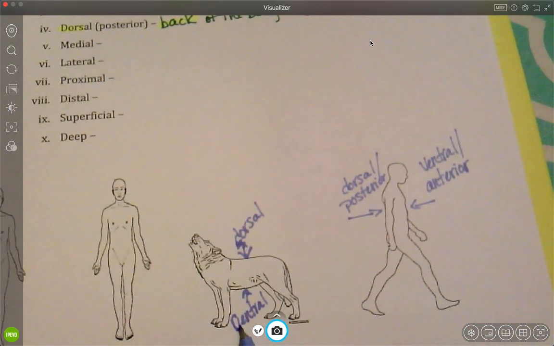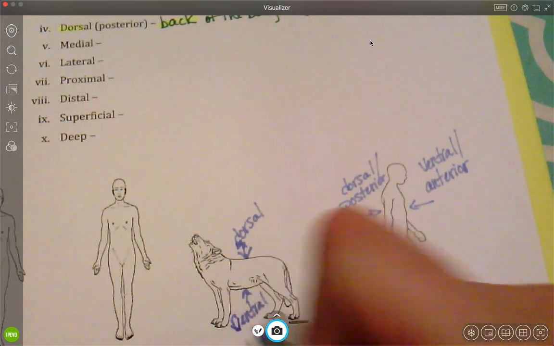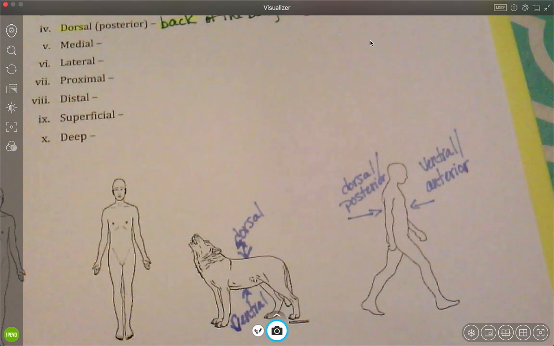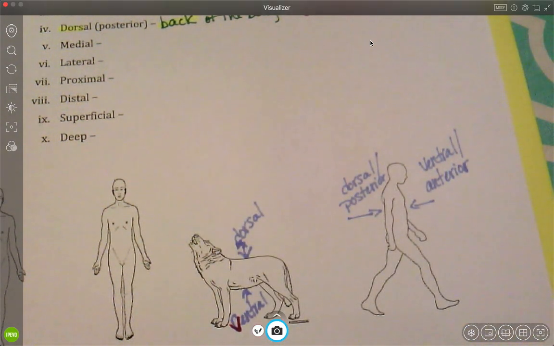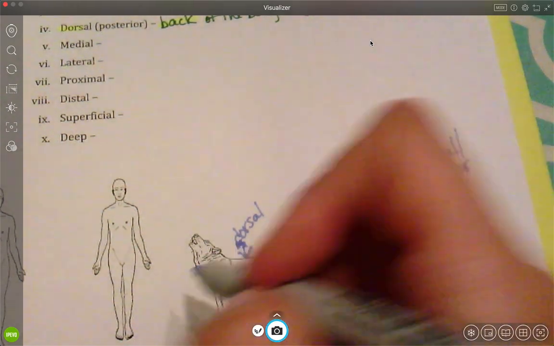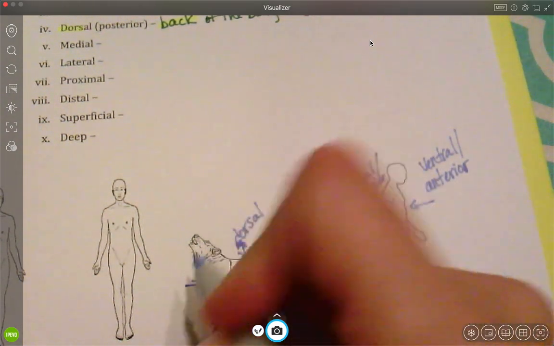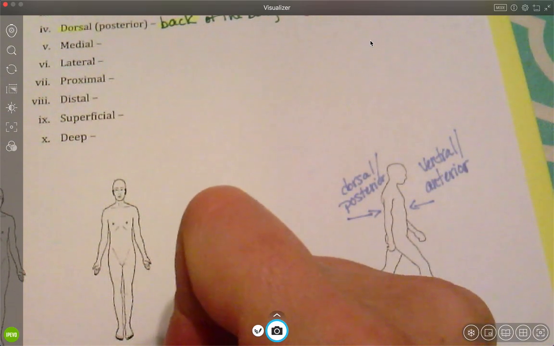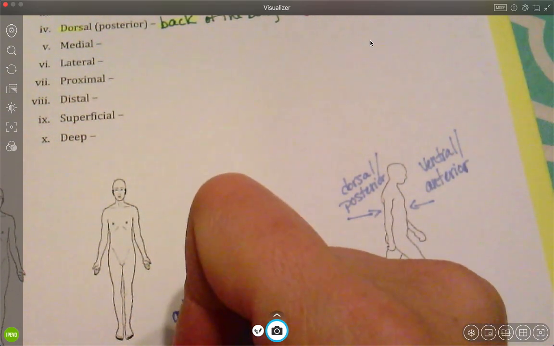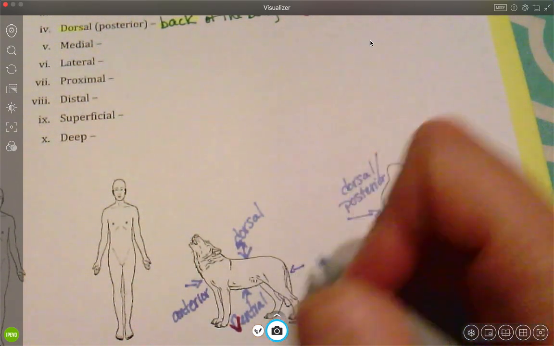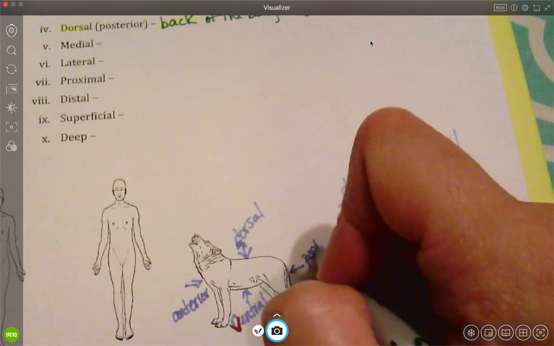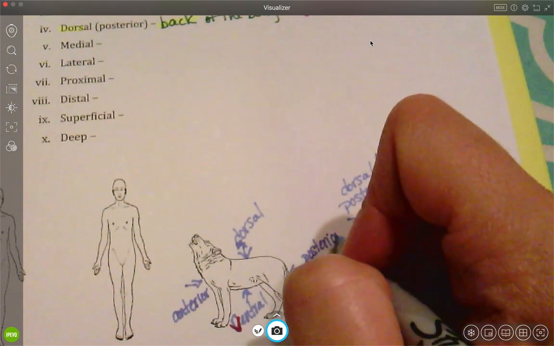My V kind of got screwed up there. That should be a ventral. Let me use a color over that just to correct that. Okay, then we would say the front of the dog is anterior and his tail is posterior.